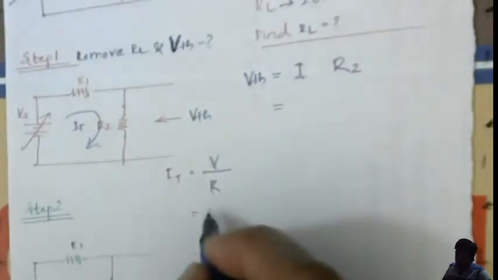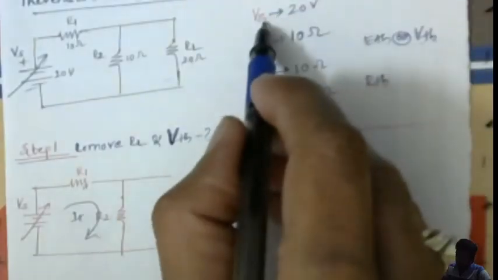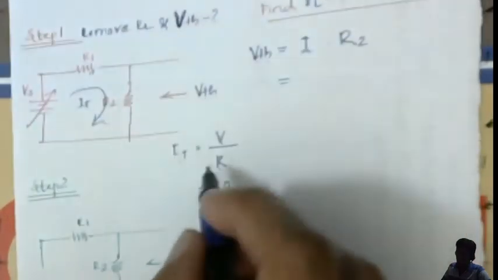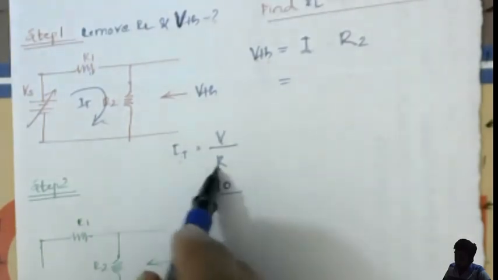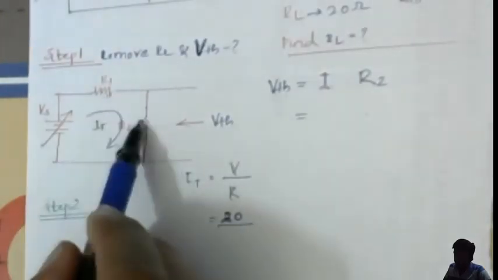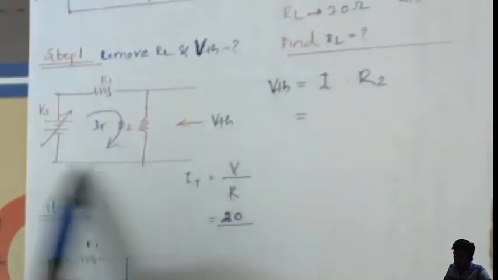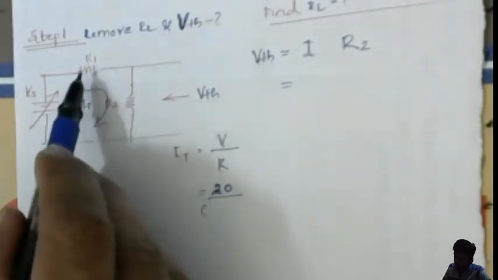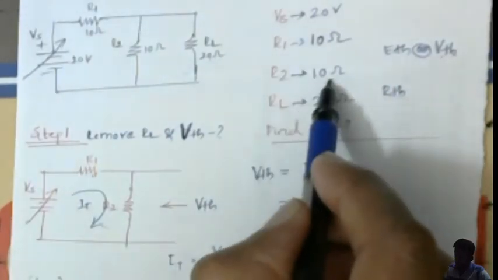V means 20 volts, divided by R. R means total equivalent resistance. The two resistors are connected in series. Therefore R1 is 10, R2 is 10 ohm.